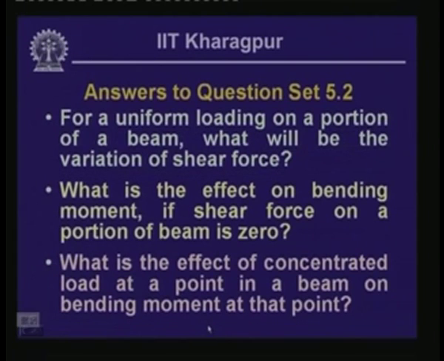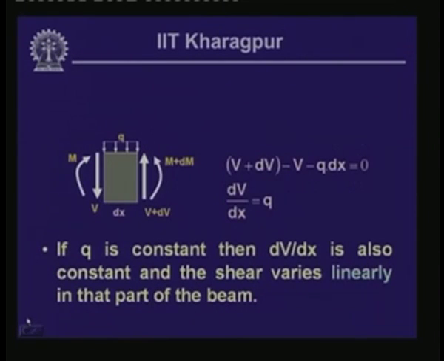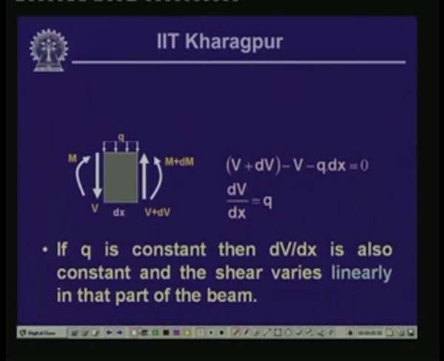Let us look into the discussions we had in the last lesson, wherein this is the part of a beam. Suppose we have a beam which could be simply supported, hinged at this end and supported on a roller at this end, and subjected to a uniformly distributed load.